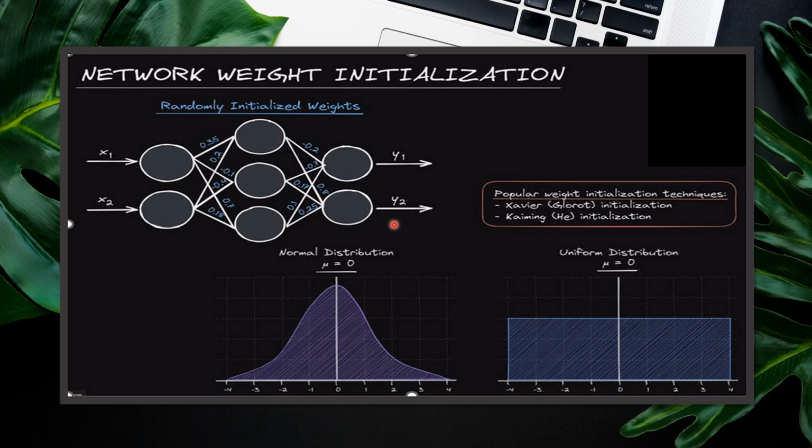Then it can be used in deep neural networks. Proper weight initialization can help alleviate the issue of vanishing gradient, which can enable the efficient training of deep neural networks. Then it can be used for generative models. So you can ensure that the model can learn the underlying data distribution and can generate synthetic data resembling the original data.